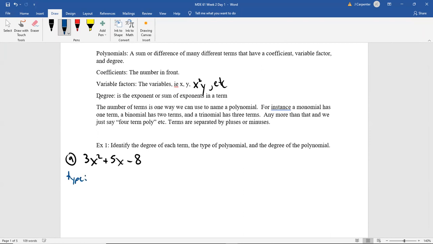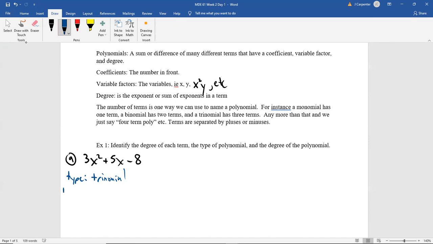And by type, I mean monomial, binomial, trinomial, 5-term polynomial, 12-term polynomial, etc. So we have 3x squared, that's one term. We have 5x, that's another term, and minus 8, that's another term. So there are 3 terms, so we'd call that a trinomial.